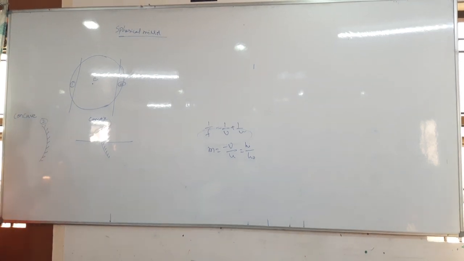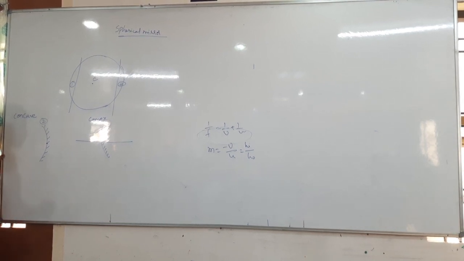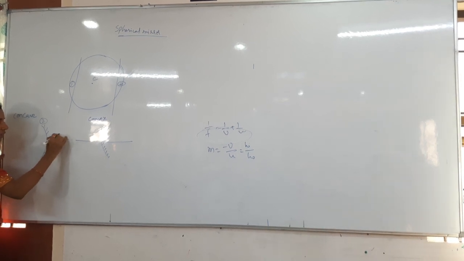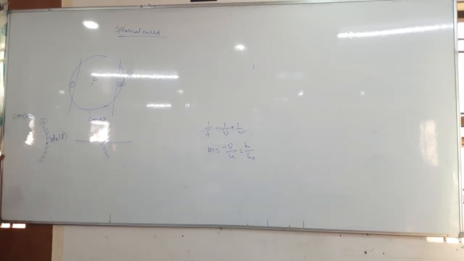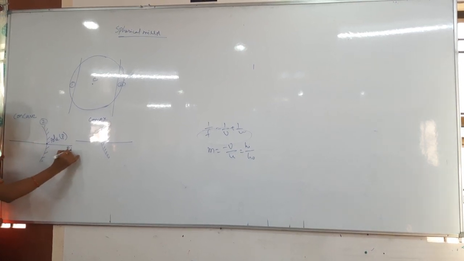Now these definitions are important. The center point of the mirror is known as what? The center point of the mirror is known as the pole. Pole is denoted by P. Clear? Whenever you take a mirror, its center point is known as the pole. Now, the line passing through the center point is known as what? Principal axis.